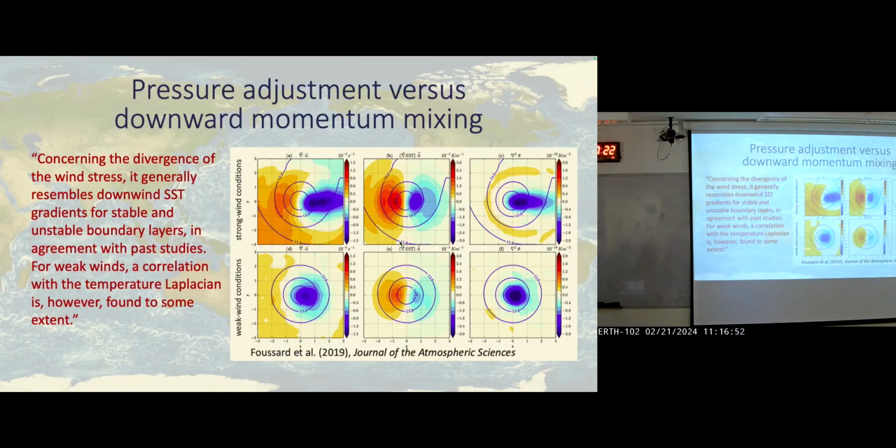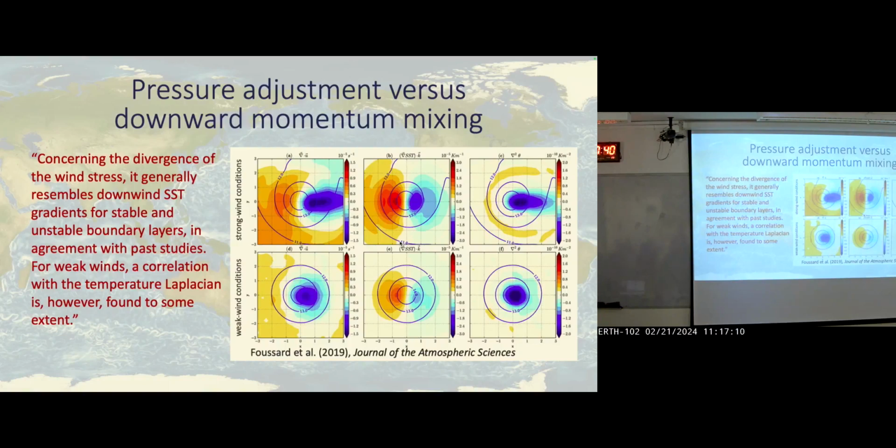And so we have two cases. The upper row is strong background wind conditions and the lower row is weak background wind conditions. A strong wind was defined here as above 10 meters per second. These two are wind divergence.